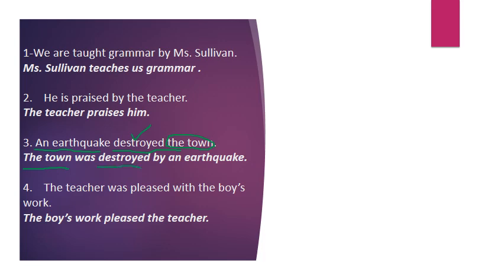Its past participle form is destroyed. And because it's in the past form, you use was or were. Then we have the singular noun, which is the town, so it should take the singular form of verb to be, which is was. And then we can add the agent: by plus the subject of the active sentence.